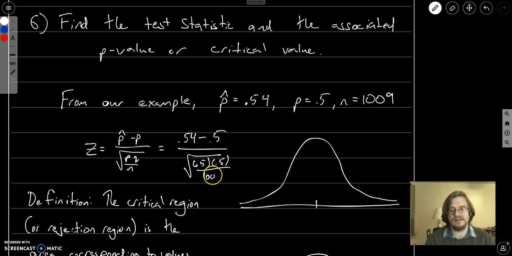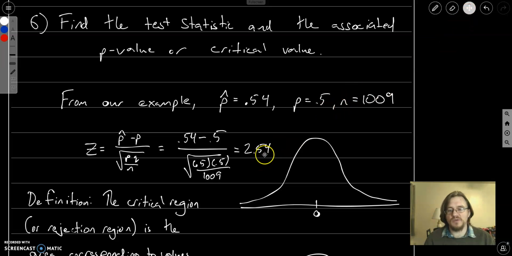Divide by n, which is the size of our sample, and we get 2.54. So this is our test statistic. And what this refers to is in the standard normal distribution, say with a mean of 0 and a standard deviation of 1. The question is, is this unusual, or is it not unusual?